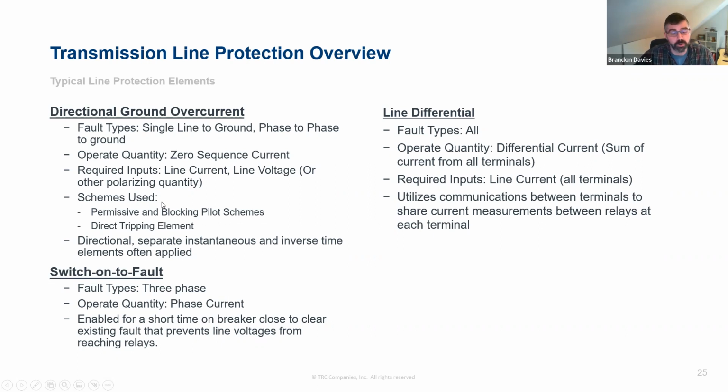And that's not true for phase overcurrent. So, you certainly could apply a phase overcurrent element for transmission line protection, but you're really going to start hitting that limit where you're going to either have to sacrifice dependability of the element because you've got to set it above the load current levels, or sacrifice loadability and not be able to put as much load through your line before it trips off.